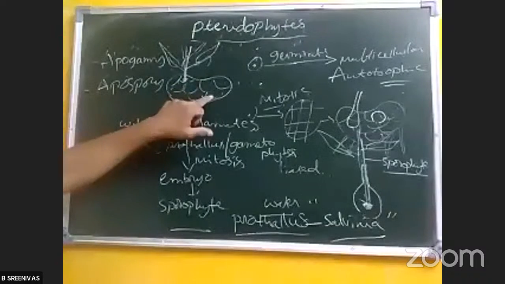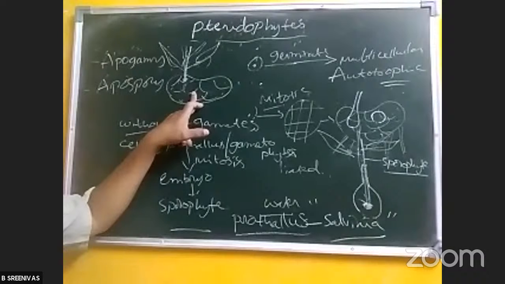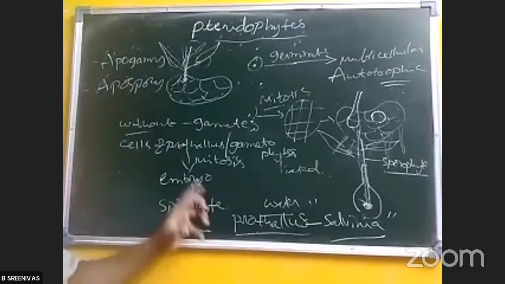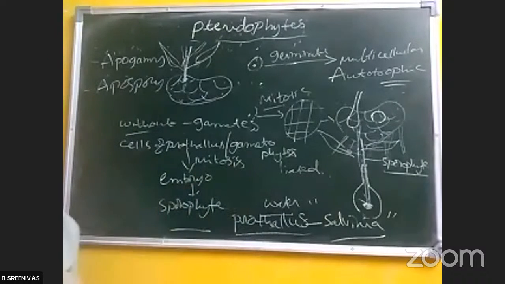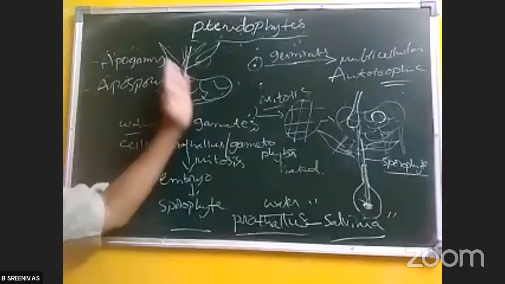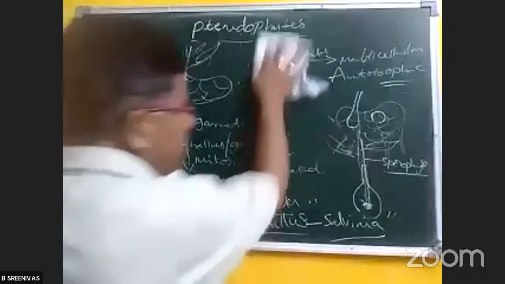So this is the gametophyte; directly, no gamete formation, the gametophyte develops into the sporophyte. That is called apogamy. Apo means without, gamy means gametes. Without formation of gametes, the gametophyte develops into the sporophyte. Now next, apospory.